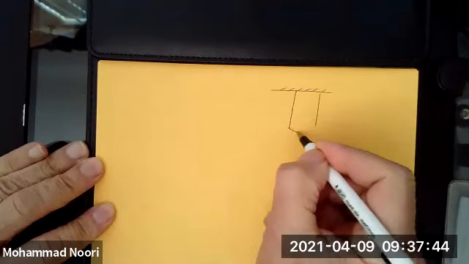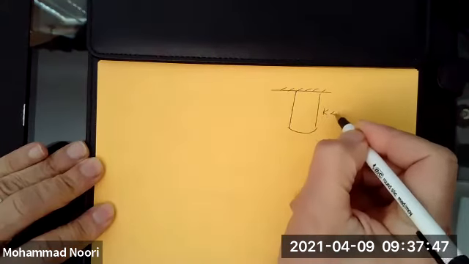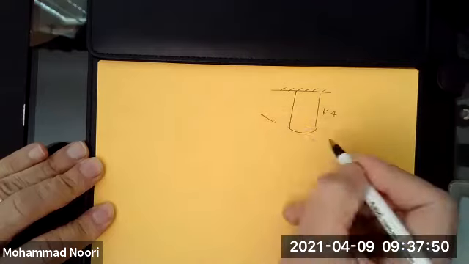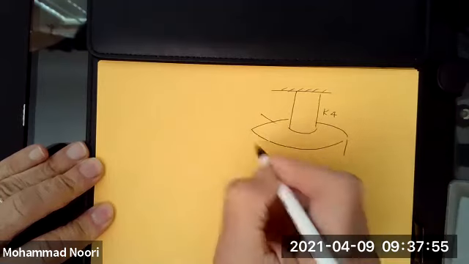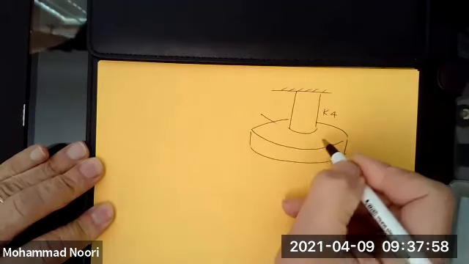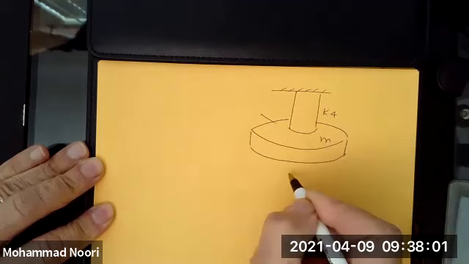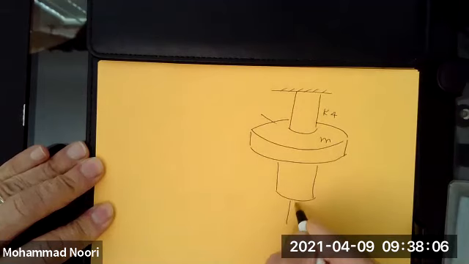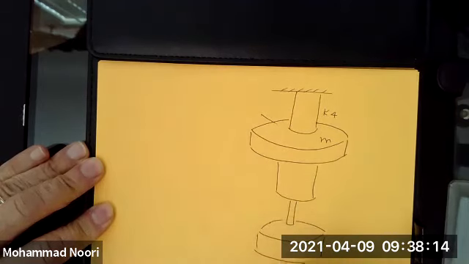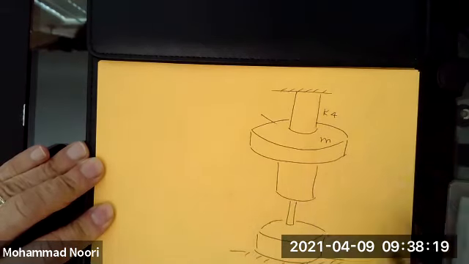There is a non-prismatic shaft, okay? You have a disc attached to it here. This is a disc with mass M. And the shaft has these pieces, each one with a given stiffness.